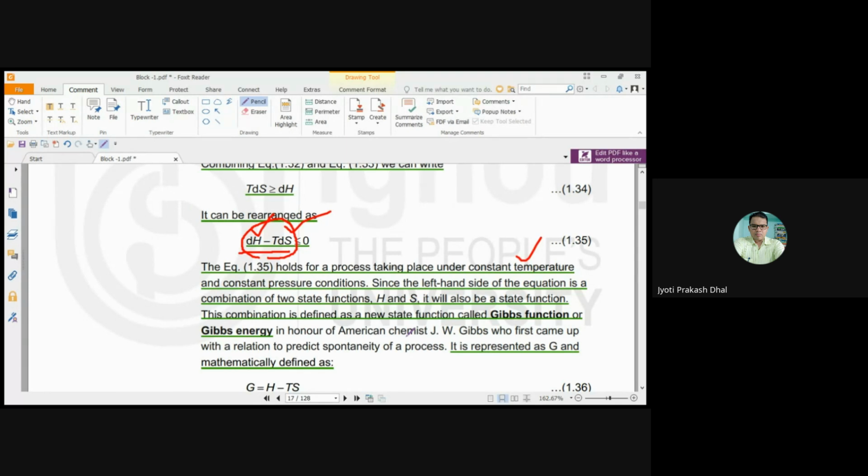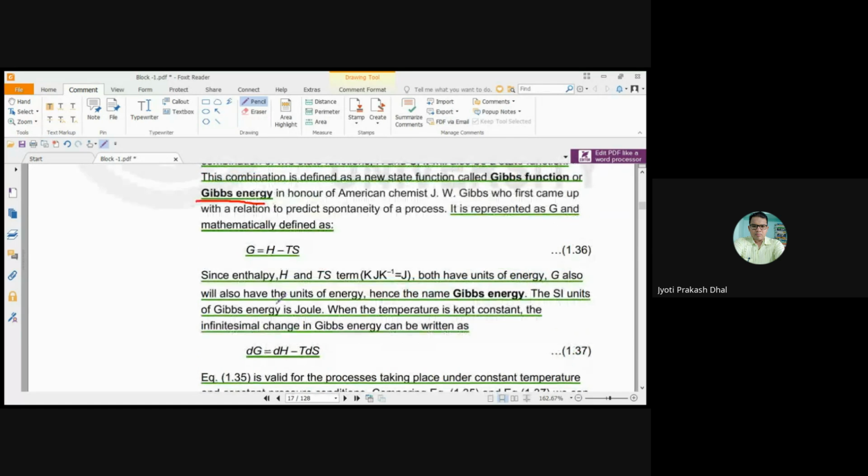This is also one type of energy term, and hence it is called Gibbs energy. So the Gibbs energy G can be represented as G equals H minus TS. Since both H and TS have the unit of energy, G also has the unit of energy, and hence it is called Gibbs energy.